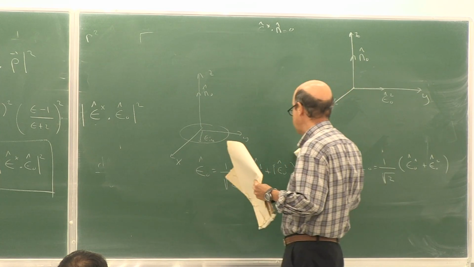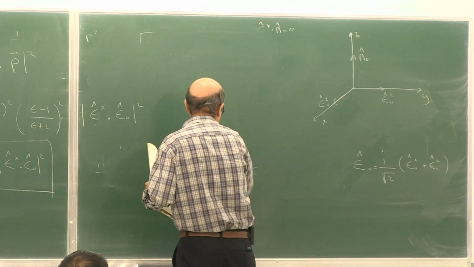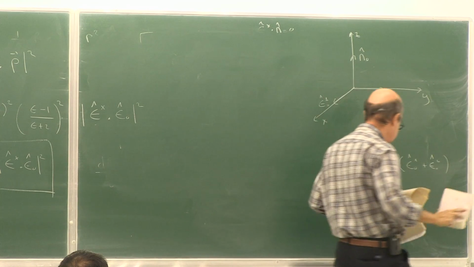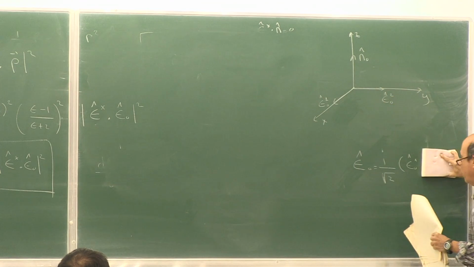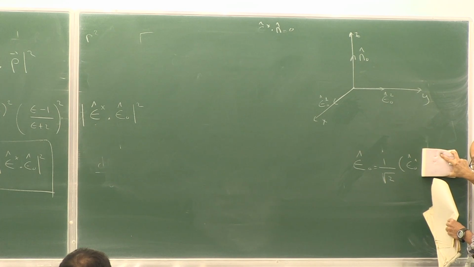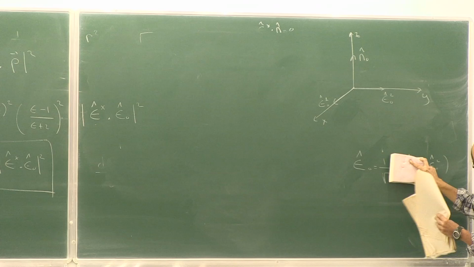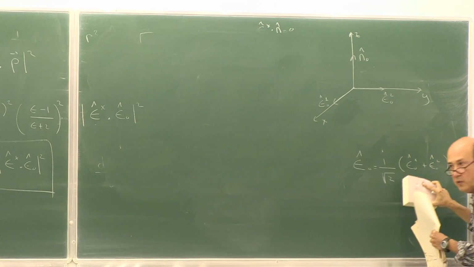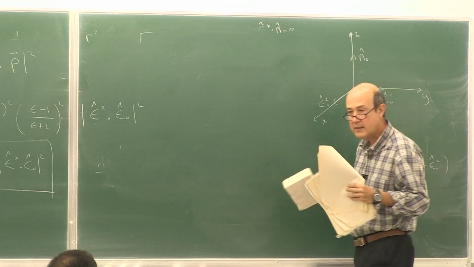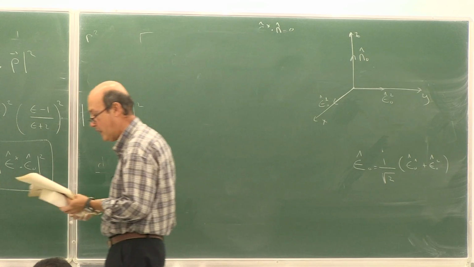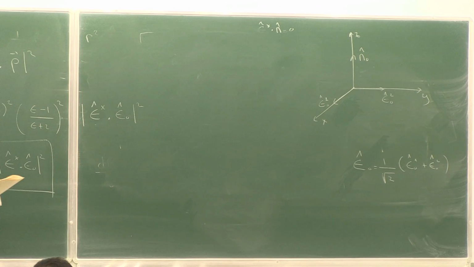So let us take this as an unpolarized wave. If you want to study a linear polarized, that is the simplest case, you can take one of them. This is linear polarized. And this is also linear polarized. One of them is along x, the other is along y. But this is the mixture of this, that means the incoming wave is unpolarized.